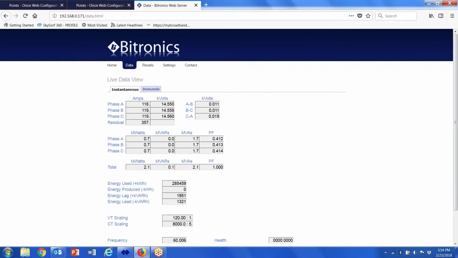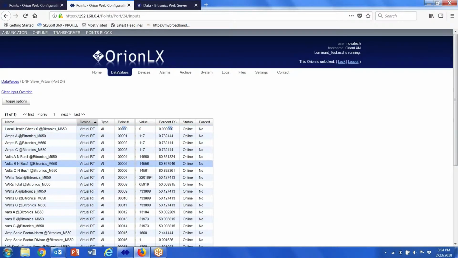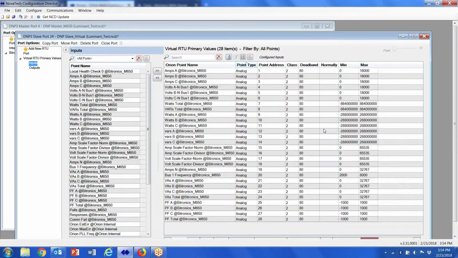And so using that information, I'm able to calculate what my full scale should be for my NCD files based upon the CT ratio of 1,600 times 10, which is the full scale input value for that particular CT input.